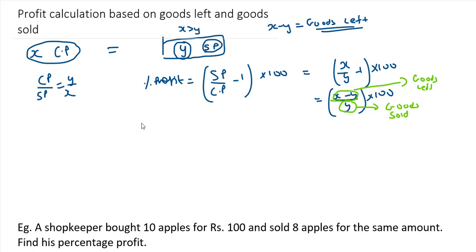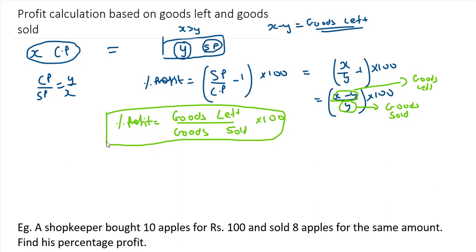So ultimately, your formula for percentage profit will simply reduce down to the ratio of your goods left upon goods sold, and then you multiply this thing by 100. You will get your formula for percentage profit.